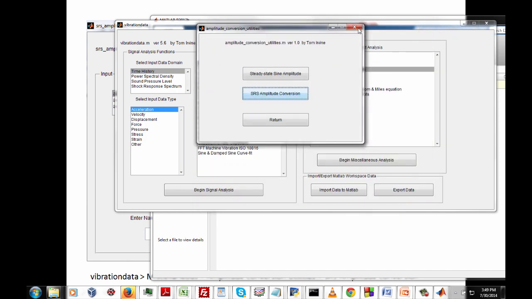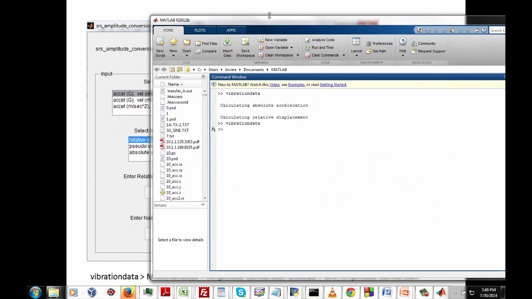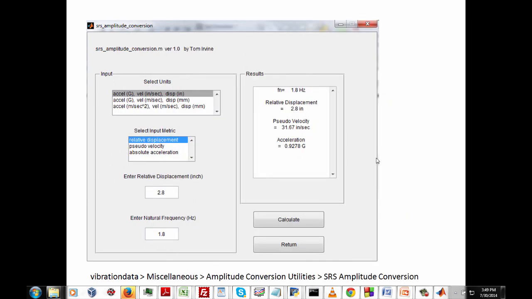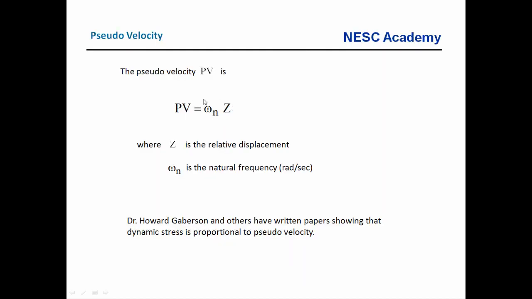So that's just going back and forth, calculating amongst those three metrics, with the pseudo velocity being calculated from the relative displacement. And these are all approximate relationships anyways.